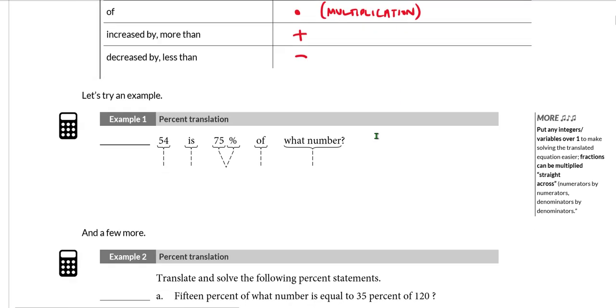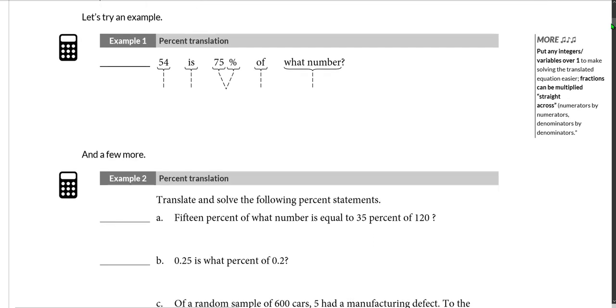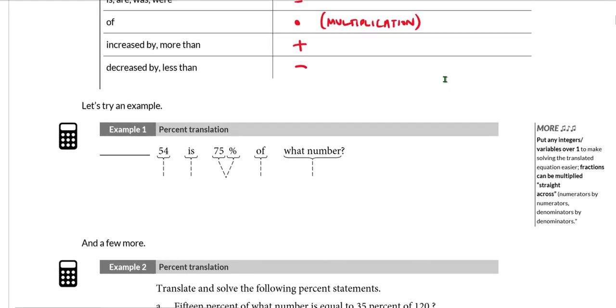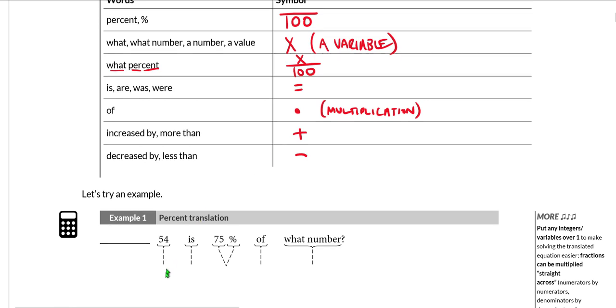What we're going to do in example 1 is translate a worded percent statement, a worded percent calculation, according to the table above. I'm going to keep the table visible here, and I'm going to write down at the bottom here. So 54 is just a number. We just write 54.